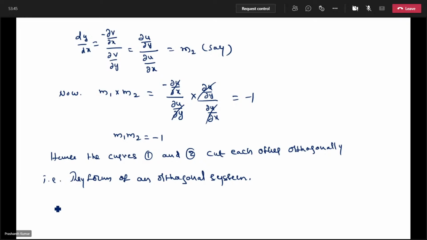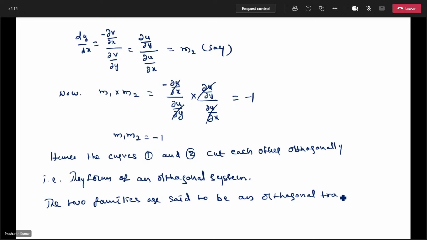Also, we write the two families are said to be orthogonal trajectories of one another.